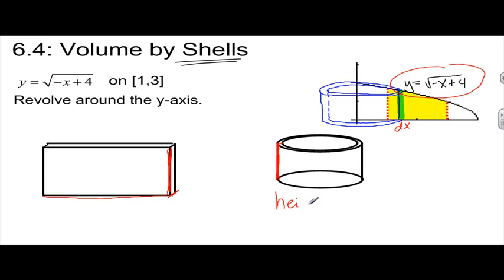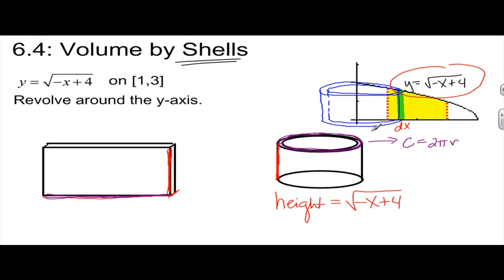And then the length of our rectangle is going to be the distance around the circular base of the cylinder. In other words, it's going to be equal to the circumference of that cylinder, which is 2 pi times the radius. The radius of our cylinder, if we go back to my kind of bad drawing on the diagram, is measured from the axis of revolution to the slice.